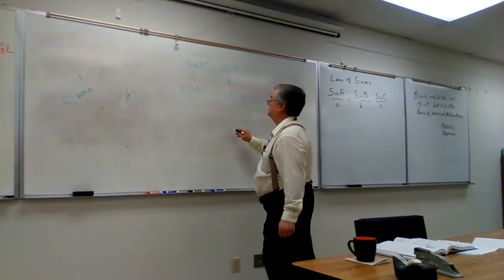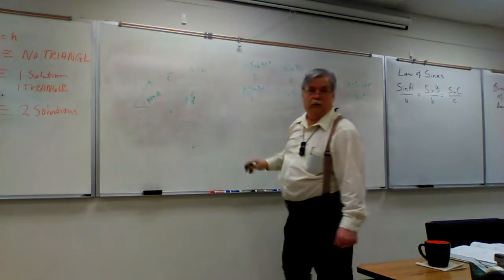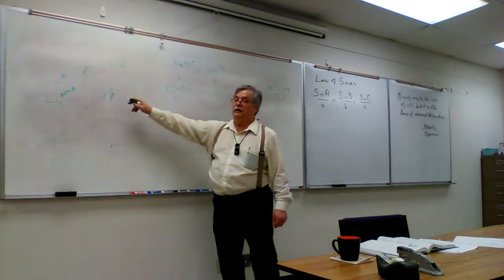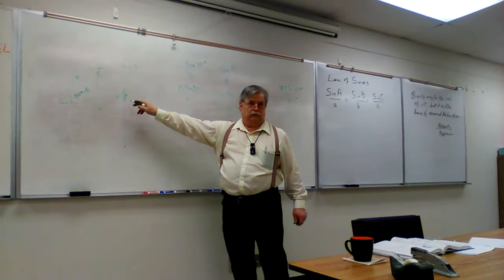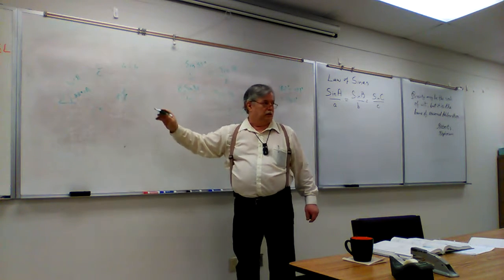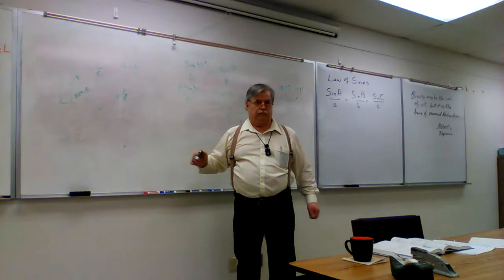We'll get two different values of C depending on which value of B we use. Everybody understand that?